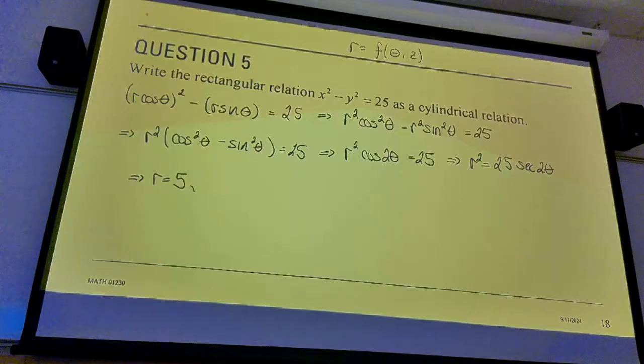So r would be 5 times the square root of secant 2 theta, with no new added restrictions.